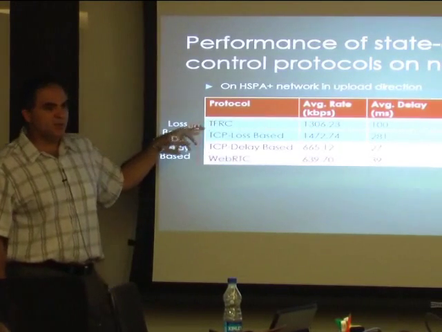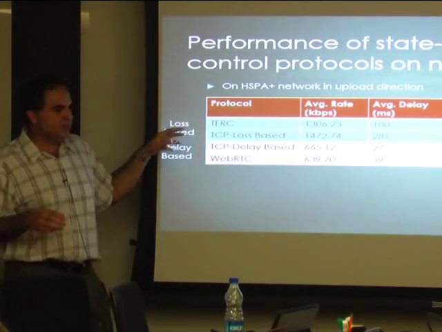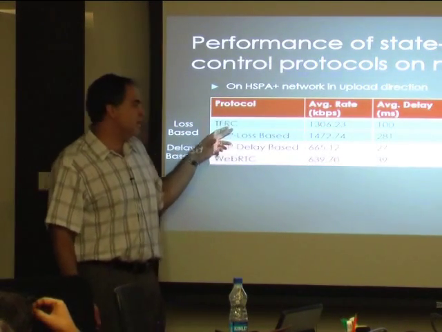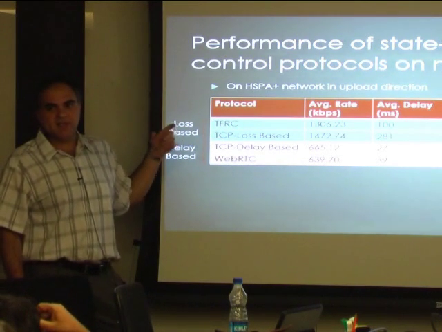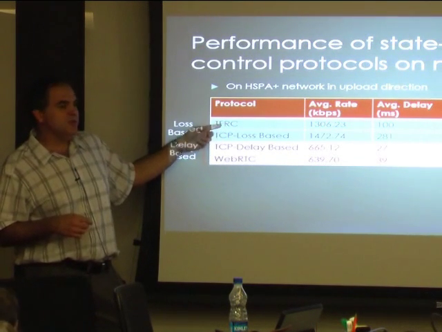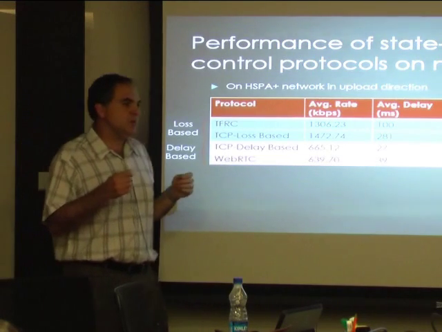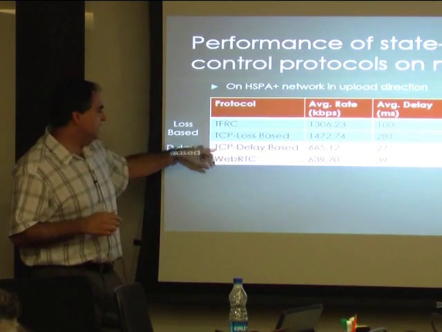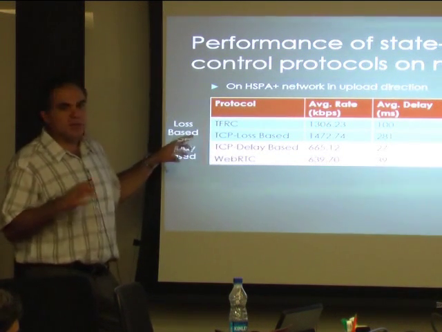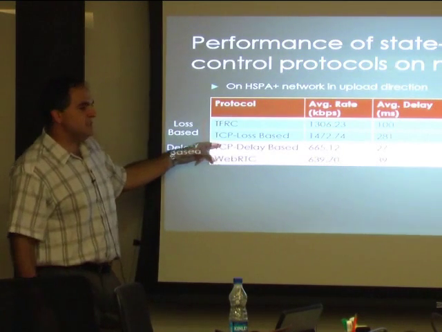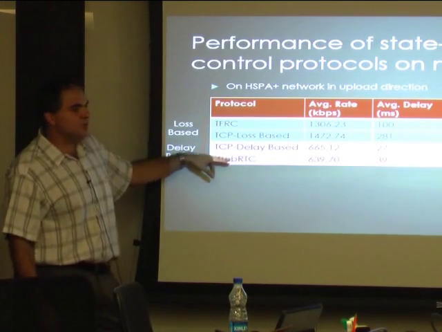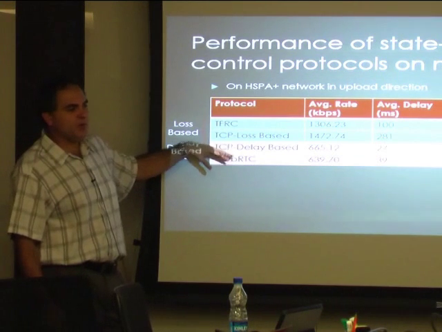This is TFRC, which is meant for media applications, but in essence, it doesn't really do anything for video conferencing, because TFRC uses the exact same throughput equation as this one. So the only thing it gives you is a smoother rate, but it doesn't help you in terms of queuing delay. And these, in pink, are the delay-based protocols that people actually use for video conferencing. This is Vegas, which is a delay-based rate control strategy. And this is Google's IETF submission, WebRTC.